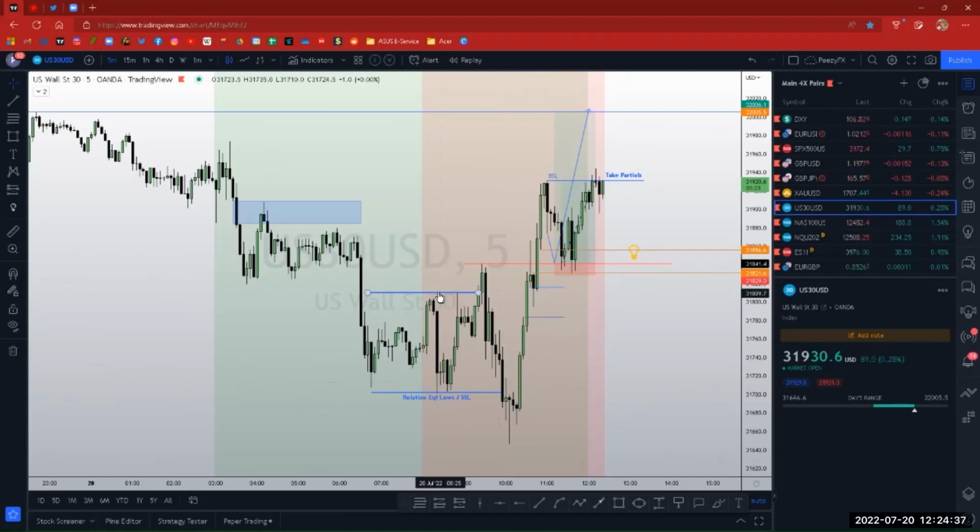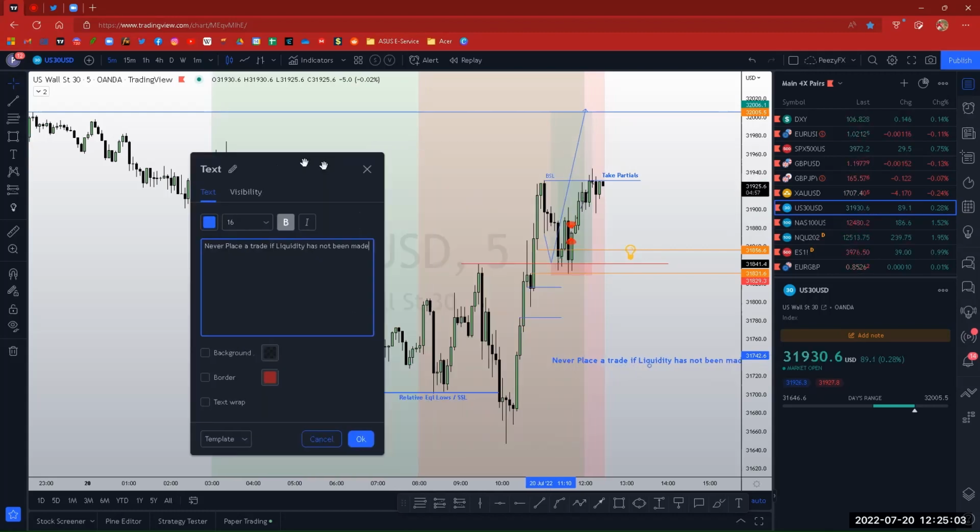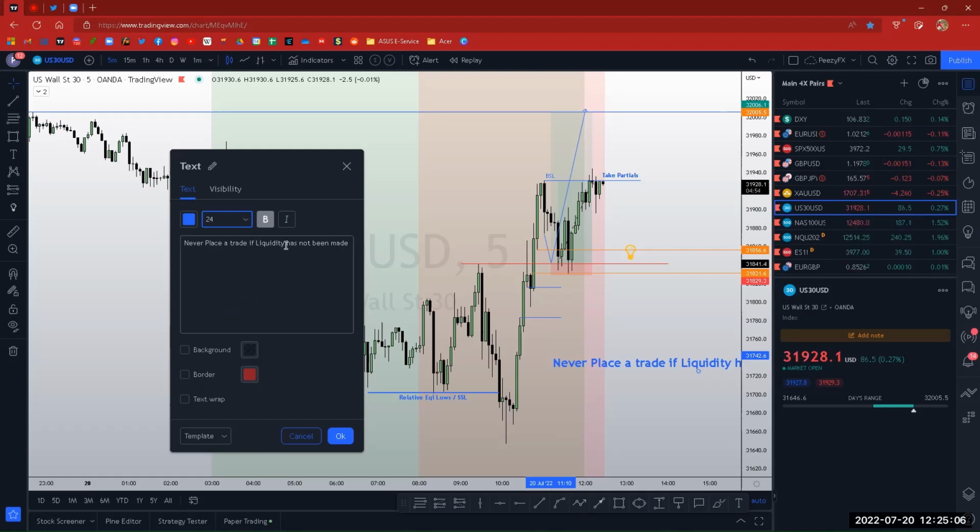This is very important. I talk about it all the time. I'm going to put it up here later for y'all. Never place a trade in liquidity. I don't even know if that makes sense, but I just wanted to rhyme. Never place a trade if liquidity has not been made.